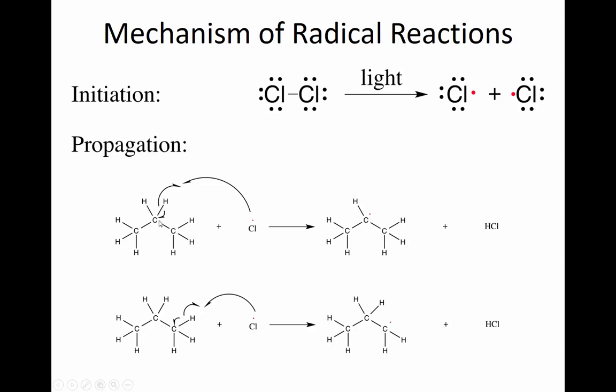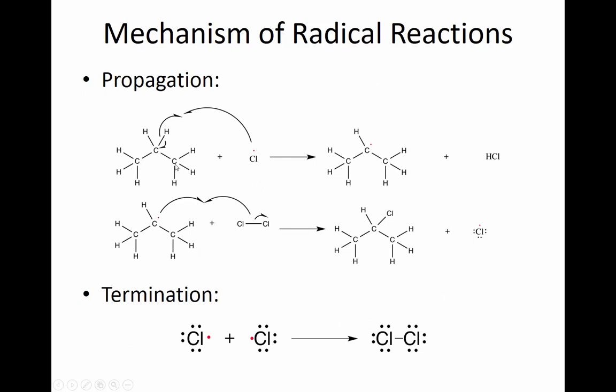So the chloride radical is going to react with the propane to form a propane radical plus hydrochloric acid. It'll either do that at the middle carbon or at the end. The question is, which will it prefer? Which will be our major product is dictated by whether the propagation occurs like this, the top, or like this, the bottom, more frequently.